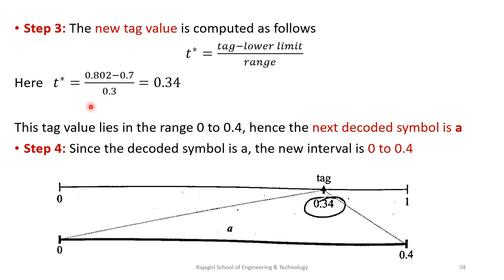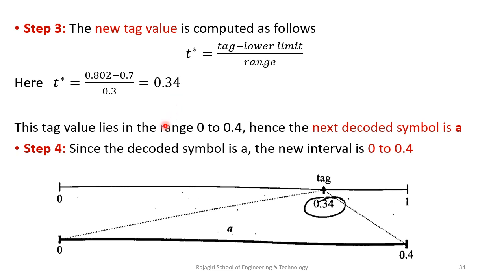So here, T star is calculated as the initial tag value 0.802 minus the lower limit. The interval that we are considering is 0.7 to 1, so the lower limit is 0.7, divided by the range. The range of the interval is 1 minus 0.7, which is 0.3. So we get a new tag value of 0.34.